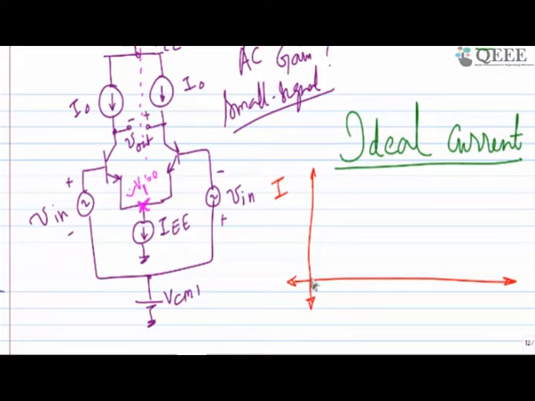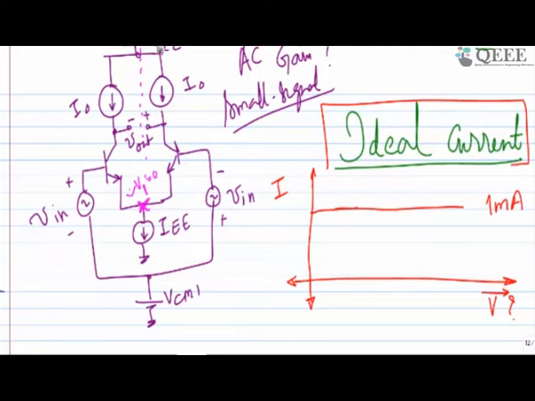If you want to supply 2 milliampere or 1 milliampere of current, it has to be the same current. If the box I purchased from the market gives me 1 milliampere, I'm expecting that for any value of voltage, it should not be disturbed. Whatever the voltage is, I don't care. My current should always be 1 milliampere. This is what I am expecting, so this is the ideal current source.